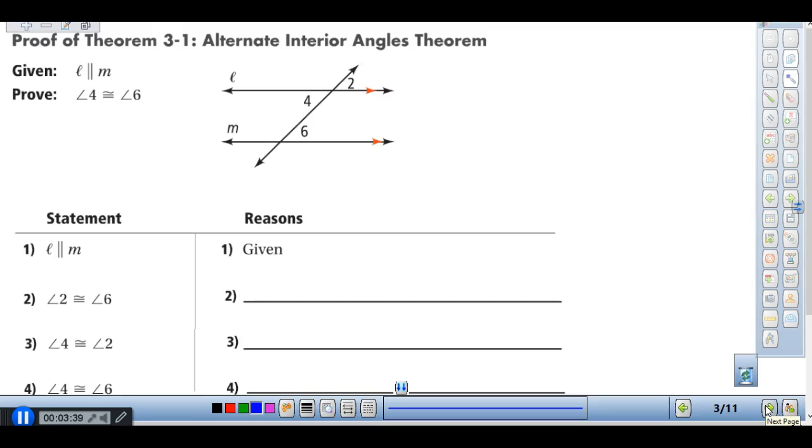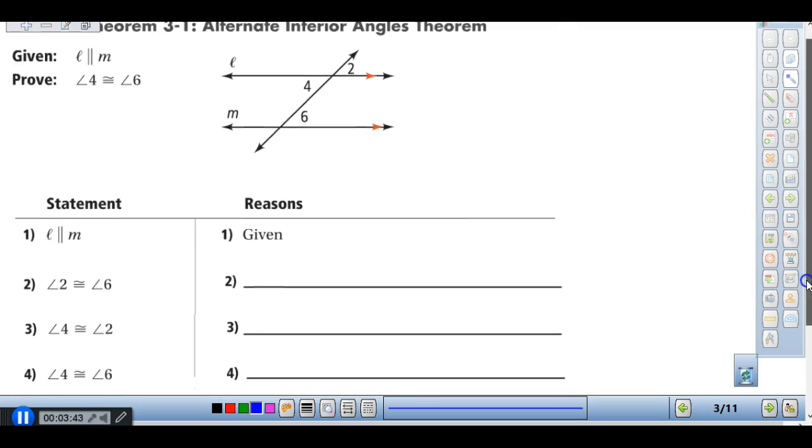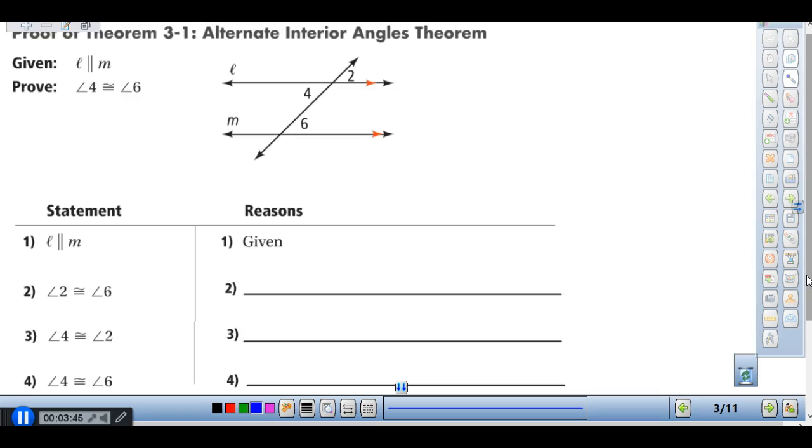All right. So we're going to talk a little bit about proofs again. Okay, so we know that line L is parallel to line M. How do we know that? It is given, because this says it is given. Then we can say that angle 2 is congruent to angle 6.